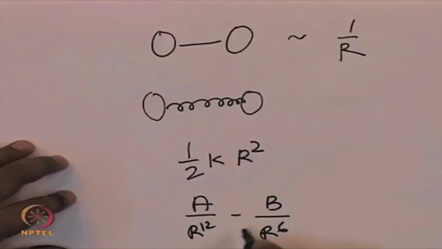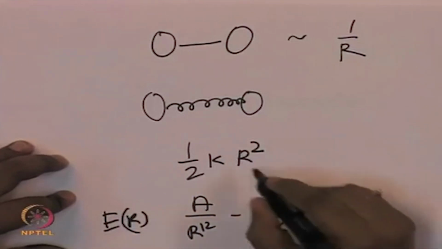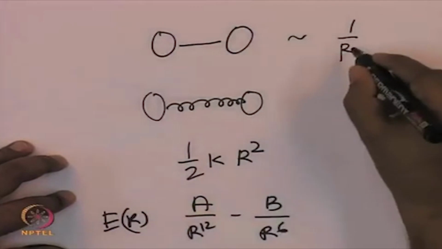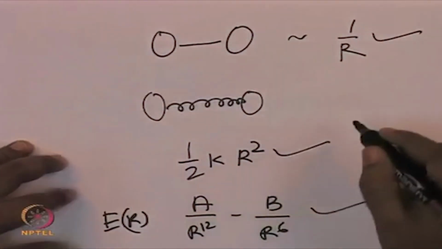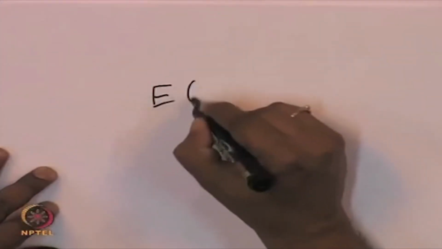You might have seen such a formula for energy. Depending on the interaction you will have different energy, but in all these cases, Coulomb energy, spring energy, van der Waals energy, energy is a function of the distance r. So, E is a function of r.